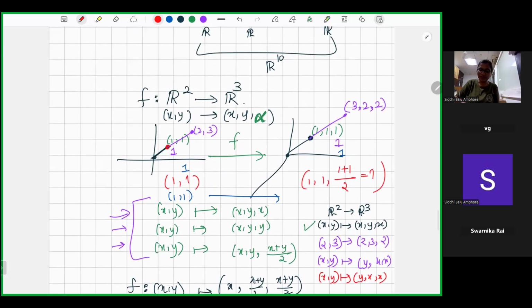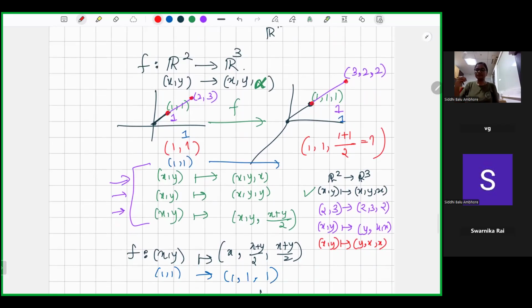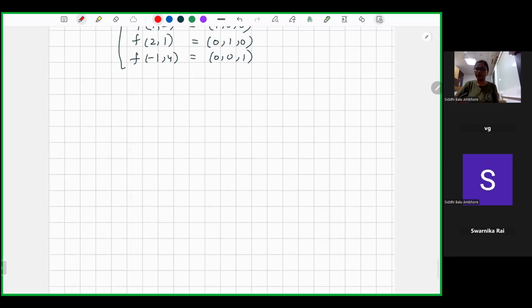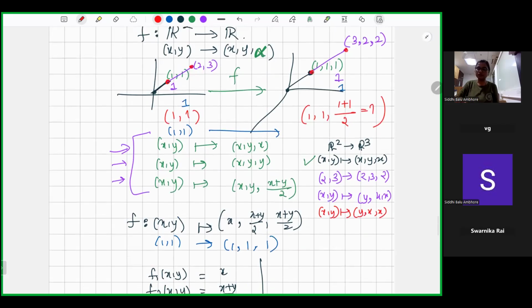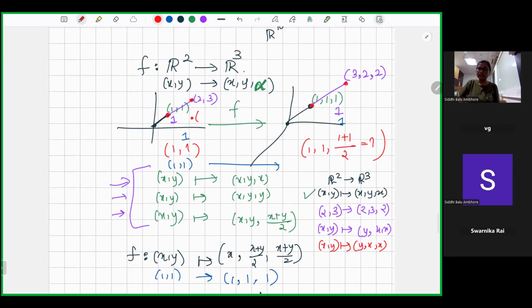So do you understand what I'm trying to say here? That whatever information is given to us, we have to check whether all of them are satisfied by the linear function or not. So if I give you, for example, one more point here, suppose (-1,1) and I ask you to have something like this, I want this to be (-1,1,1).